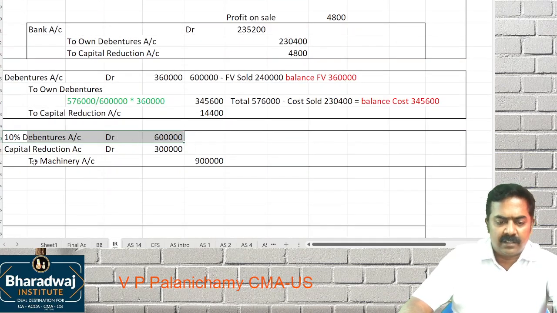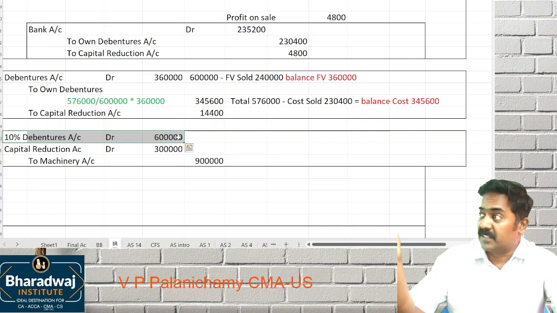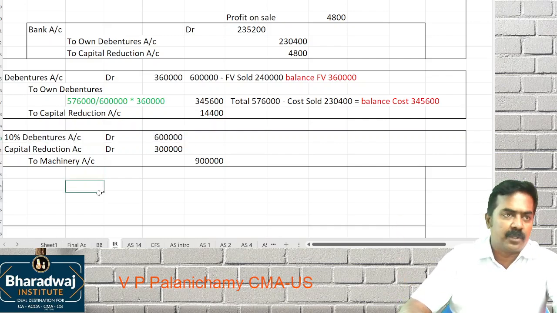Debit the receiver, of course, credit what goes out. The balancing figure is a loss for us. 9 lakhs asset, they are taking over for settling a liability of 6 lakhs. The balance will go to which account?